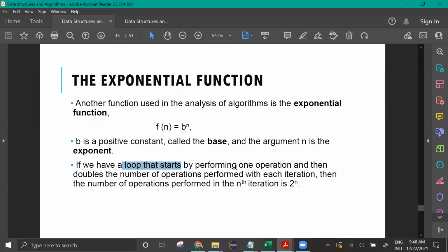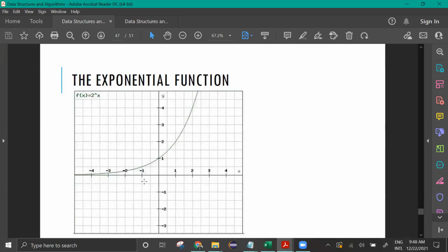So the exponential function is way, way more rapid than the previous cases. This is the function. Okay, so any questions up to now, about the things that we have discussed?